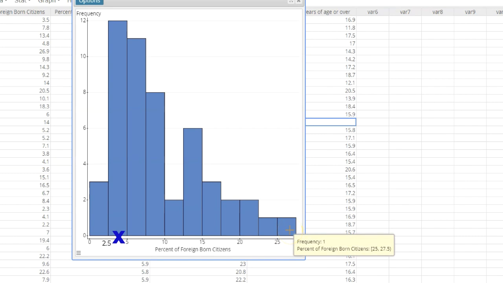We actually don't even know what the actual percentage is. And we do know that there was only one state, if you can see the frequency. We're going to sneak a look over to the data up here and see, hey, look, it's California. You probably weren't surprised, but it was actually 26.9. But again, important fact, can't get that information from the histogram unless you have the data set with it.